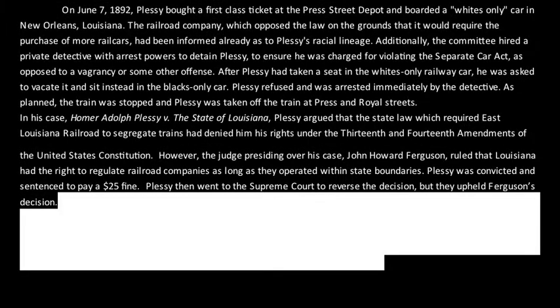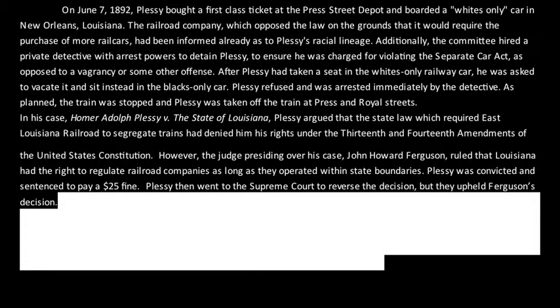On June 7, 1892, Plessy bought a first-class ticket at the Press Street Depot and boarded a whites-only car in New Orleans, Louisiana. The railroad company, which opposed the law on the grounds that it would require the purchase of more rail cars, had been informed already as to Plessy's racial lineage.